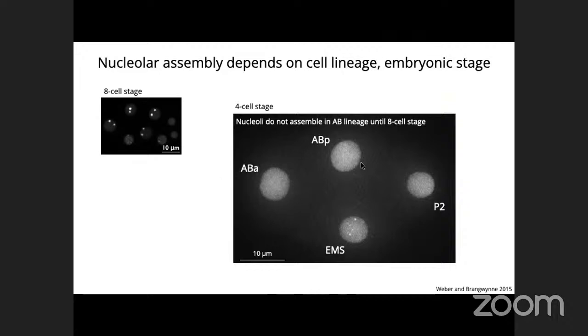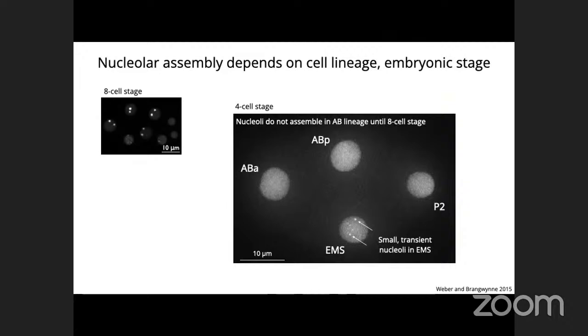So in the wild type, normal, unmanipulated embryo, there's no nucleoli at the 4 cell stage. There are some really tiny ones that I may or may not be able to detect depending on the cell type. But in these 2 cells, not important what they are, I never see nucleoli at the 4 cell stage.